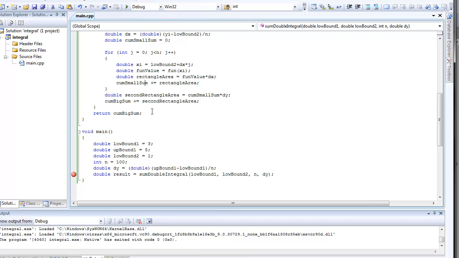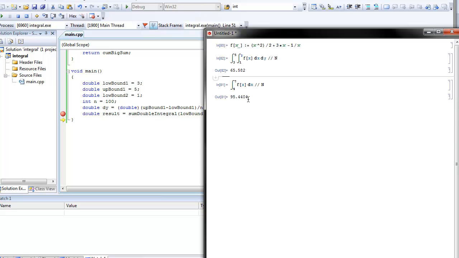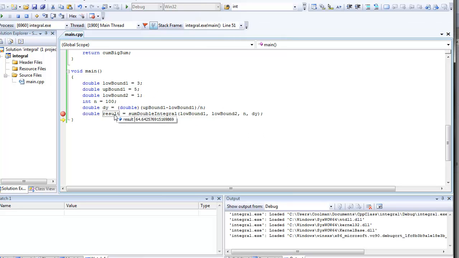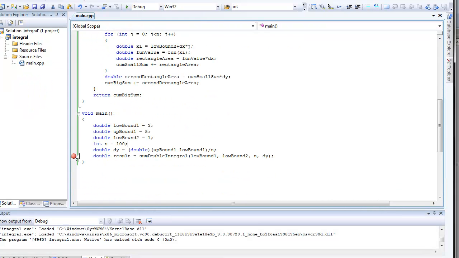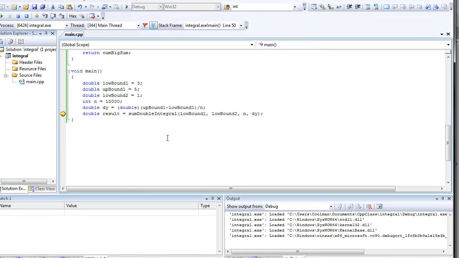What was the number that we have obtained? Yeah, we're almost there. It's not perfect because you have some approximation error, but it's very close. Let's increase the number, but now it's gonna take a lot more time. Let's see how fast C++ is.